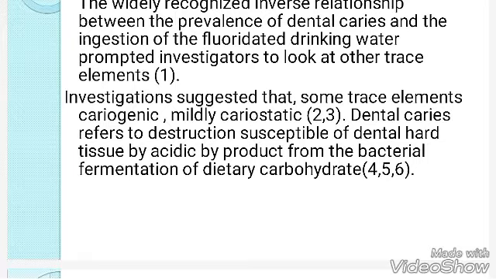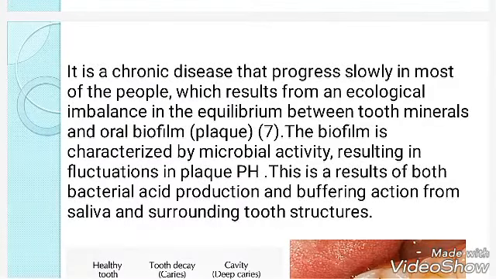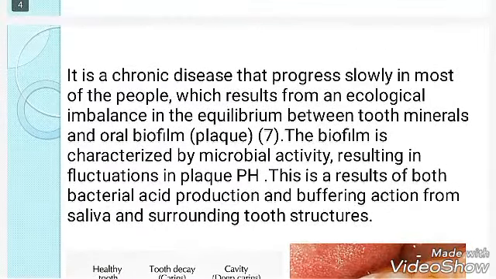Dental caries refers to destruction of susceptible dental hard tissue by acidic products of the bacterial fermentation of dietary carbohydrate. Dental caries is a chronic disease that progresses slowly in most people, which results from an ecological imbalance in the equilibrium between tooth mineral and oral biofilm plaque.